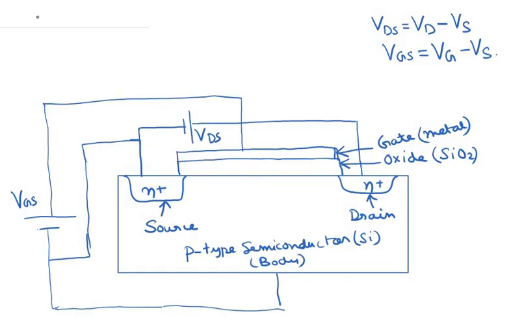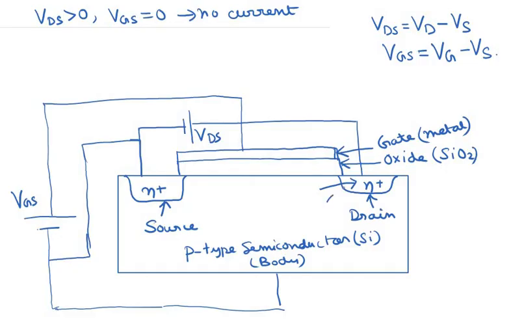Initially when VDS is greater than 0 and VGS is equal to 0, then no current flows between the drain and the source. Okay, this is because no electrons can actually flow from the P part to this N part over here.